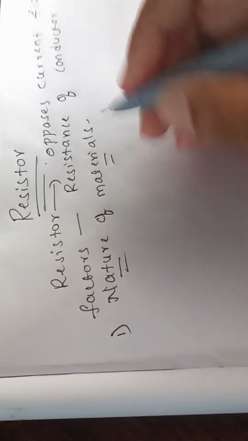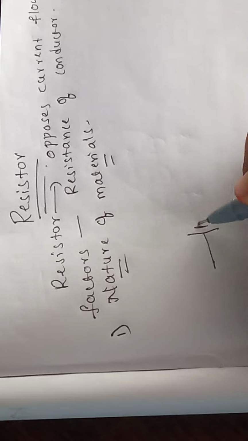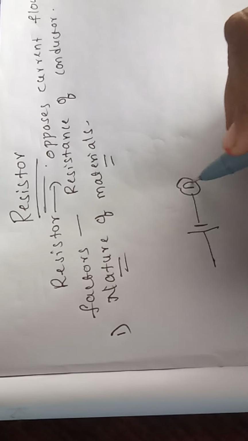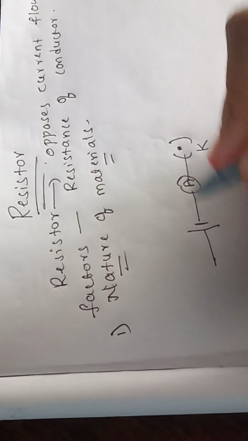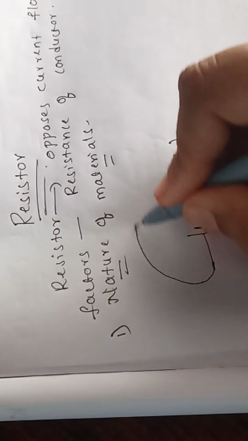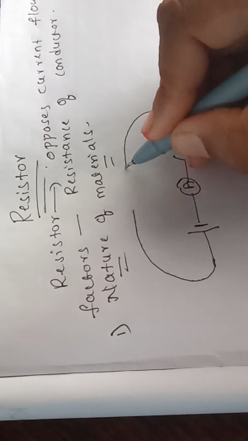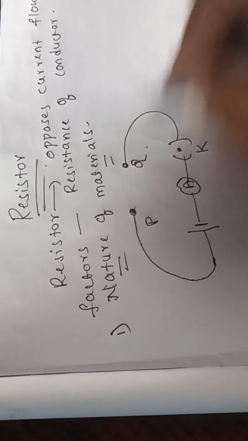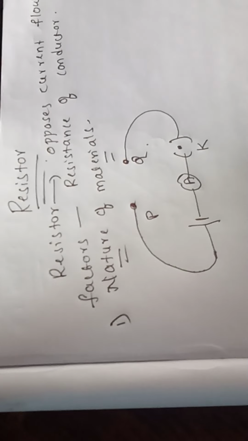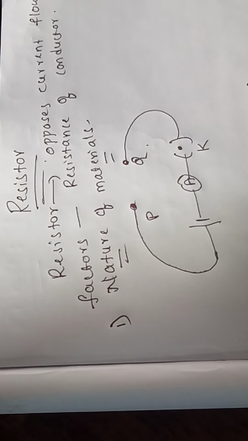Okay, now here let us take a battery, an ammeter to measure current, and a key. These are the conducting wires. Let P and Q be the end terminals of those conducting wires.